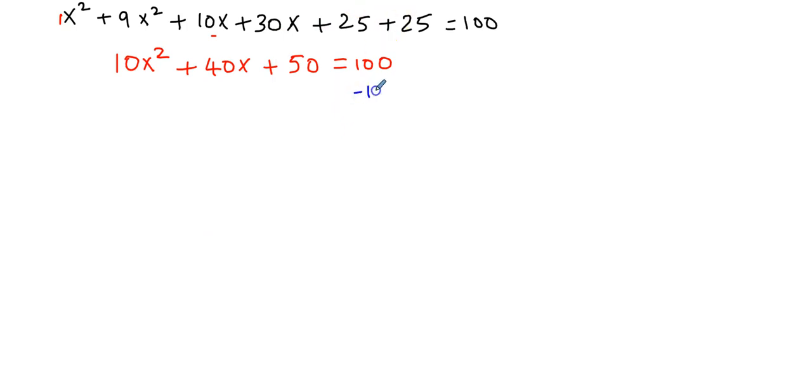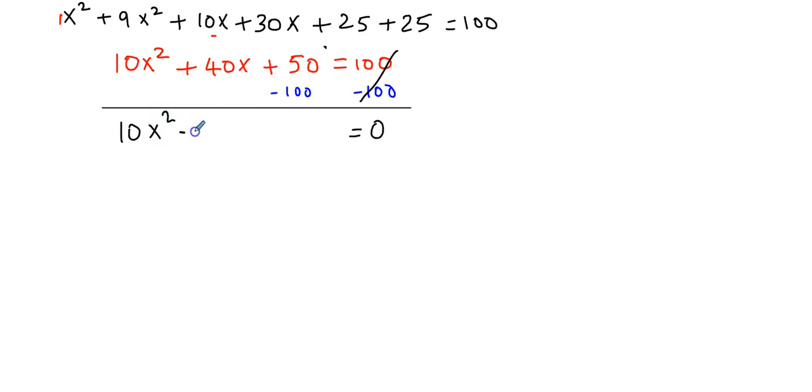That is, subtract 100 on both sides. 100 and 100 cancel off, that's a 0 on the right hand side. Now on the left hand side, bring down 10x² and 40x, and 50 minus 100 gives you negative 50.